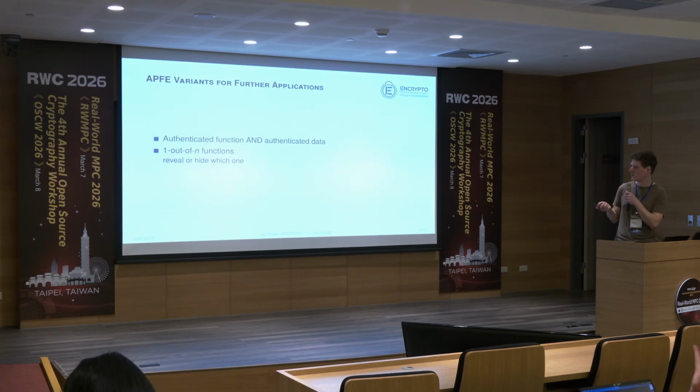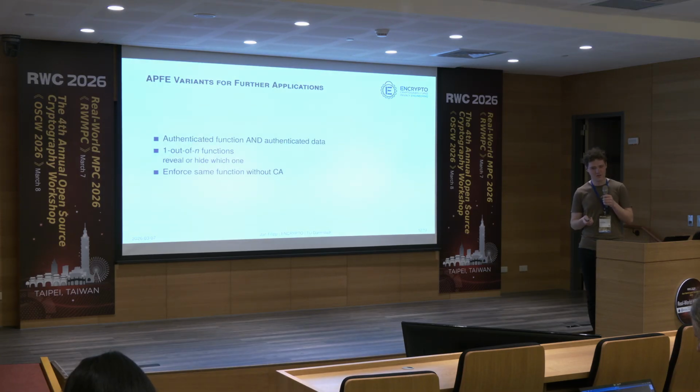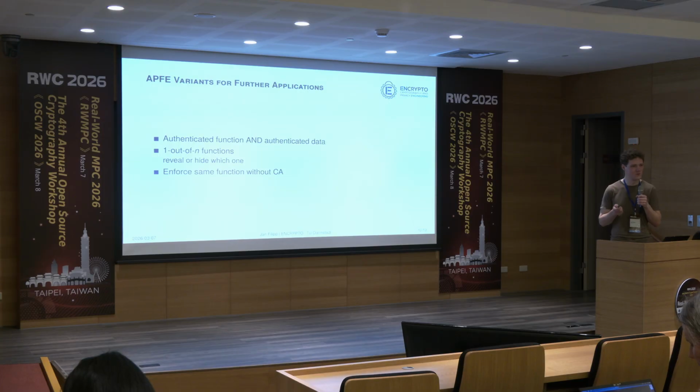We may either reveal which of them, or we also hide it in the circuit. And even without a CA, if there's no trusted party available, we can enforce that the same function is used for multiple customers if they are able to communicate with each other.